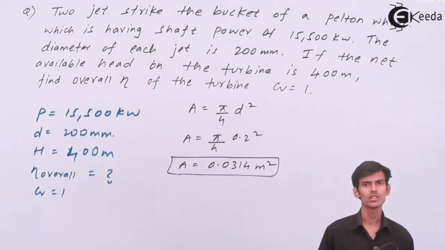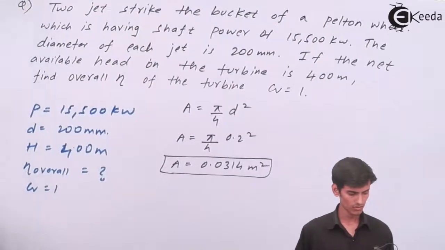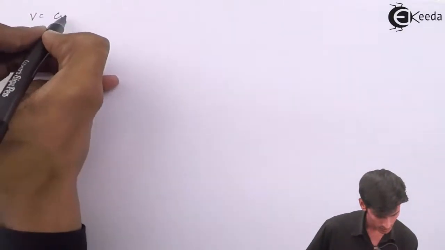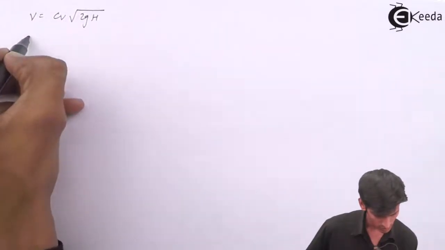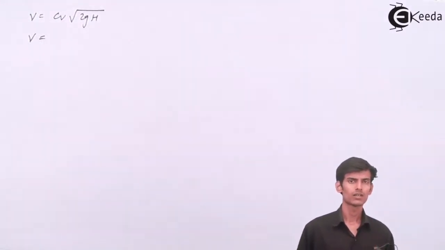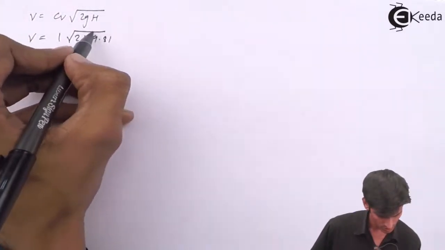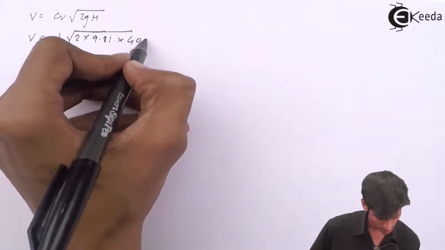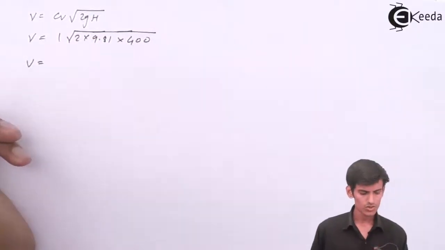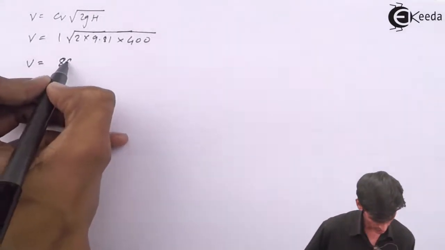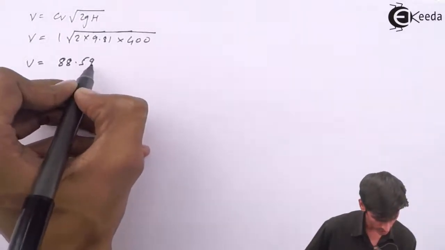Once we get the velocity, area into velocity gives us the discharge. The value of Cv is given as 1. Once you solve this on your calculator, you get the value of velocity as 88.59 meters per second.